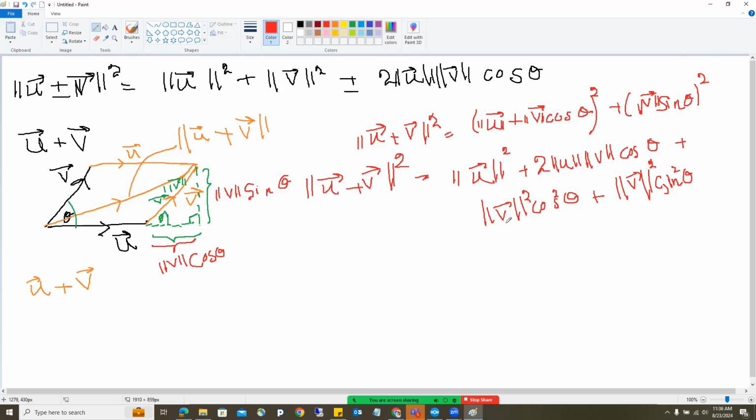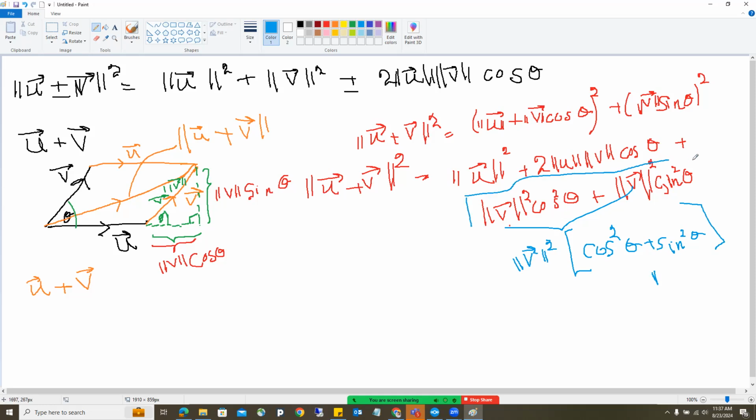Now, if I consider these two, we can take this v squared out. Then the remaining part will be cos squared theta plus sin squared theta. Cos squared theta plus sin squared theta means 1. So this entire part will be simplified to what? v squared.